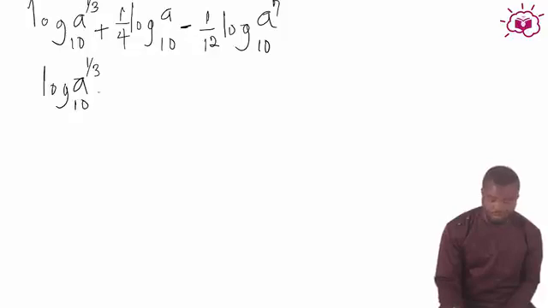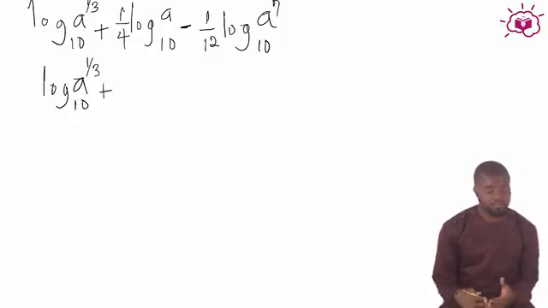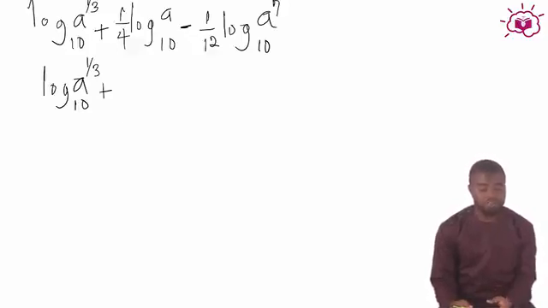Just before you bring them together, we realize that we have some numbers in front of the logs, like log a base 10 and log a raised to the power 7 base 10. We have 1 over 4 and 1 over 12 respectively in front of them. So we bring them back, doing the reverse process of rule 2.